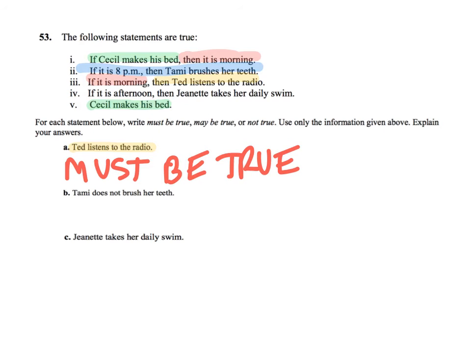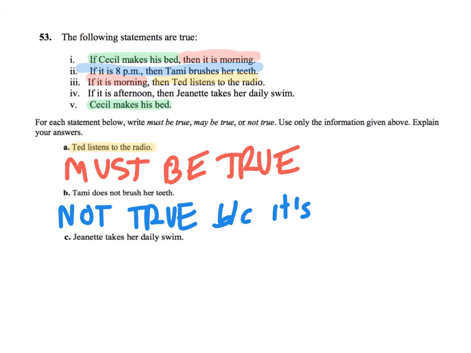But I would say that this one is not true, because it's morning. Now my last one says Jeanette takes her daily swim. We know that Miss Jeanette takes her daily swim if it is afternoon. We know it's morning, so I would say this one's also not true.